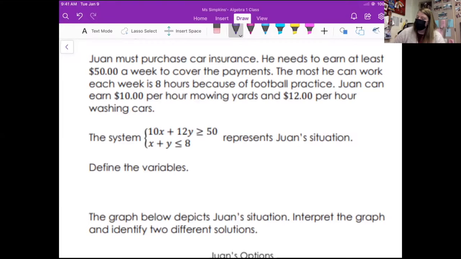Okay, so Juan must purchase car insurance. You guys don't drive cars legally yet, but whenever you do someday, you have to buy car insurance. Does anybody know what car insurance does? If you get in a wreck or your car breaks, you get money back. Yeah, if you get into an accident, especially one that's not your fault, your insurance will pay for it.